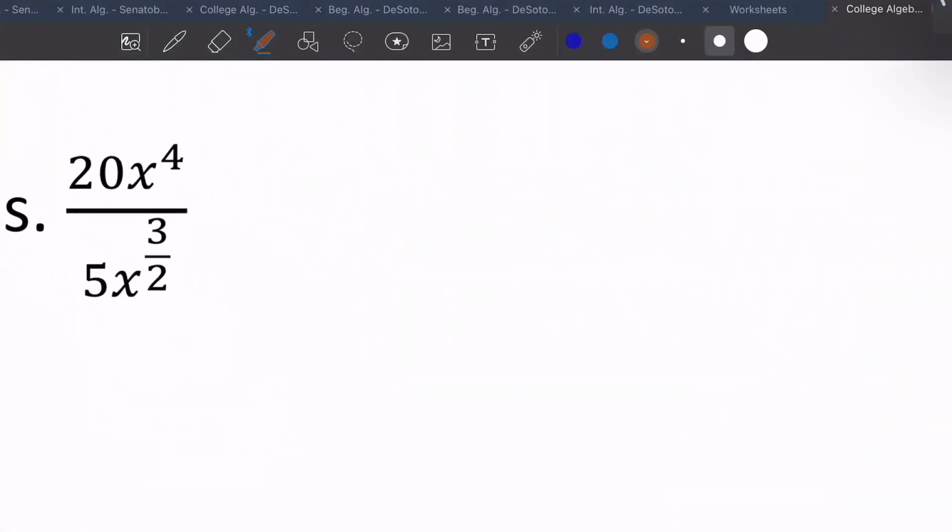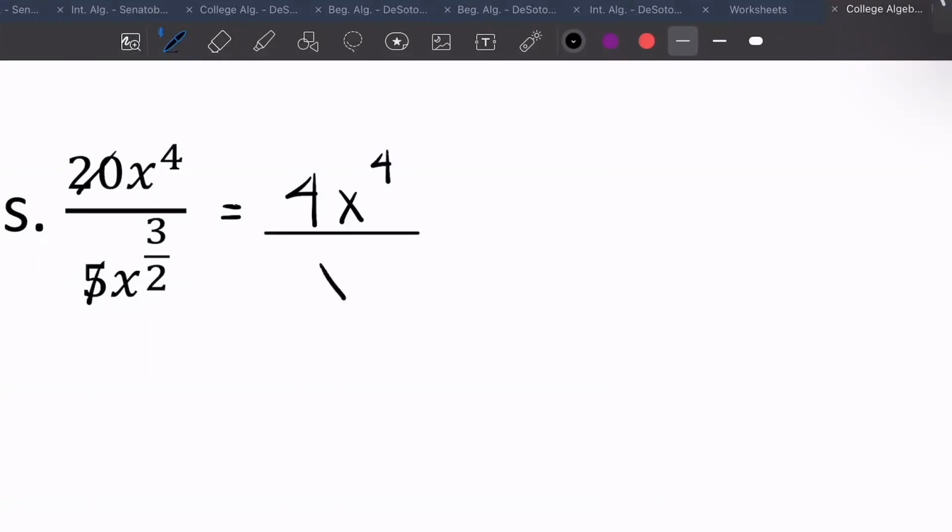Now we can divide them too, right? If we can multiply them, surely we can divide them. Once again, with your whole numbers here, nothing changes from the fact that 20/5 is 4. Okay, so that dealt with those. Do you remember what we do with our exponents whenever we're dividing?